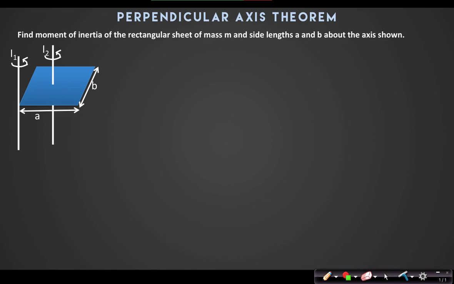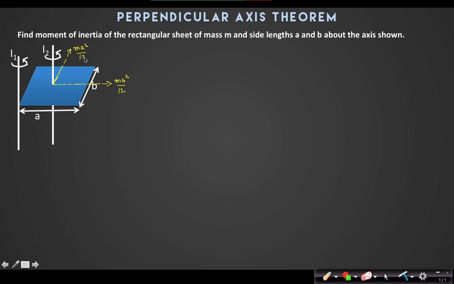Yes, good. And I1 will be 4 times I2. Look, if I say this is my x-axis and this is my y-axis, do I know the moment of inertia about these two axes? What is this one? M b square by 12, and what is this one? M a square by 12.